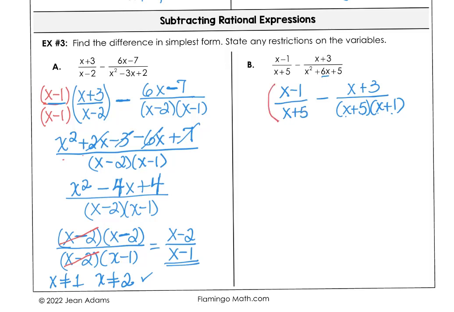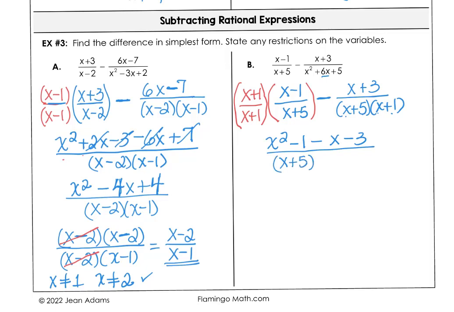So we want to give this left fraction x plus 1 divided by x plus 1. This is what I'm calling my well-chosen 1. Then using the distributive property twice, we have x squared minus 1, and then minus x and minus 3, since it's a subtraction problem. And all of that is divided by x plus 5 times x plus 1.